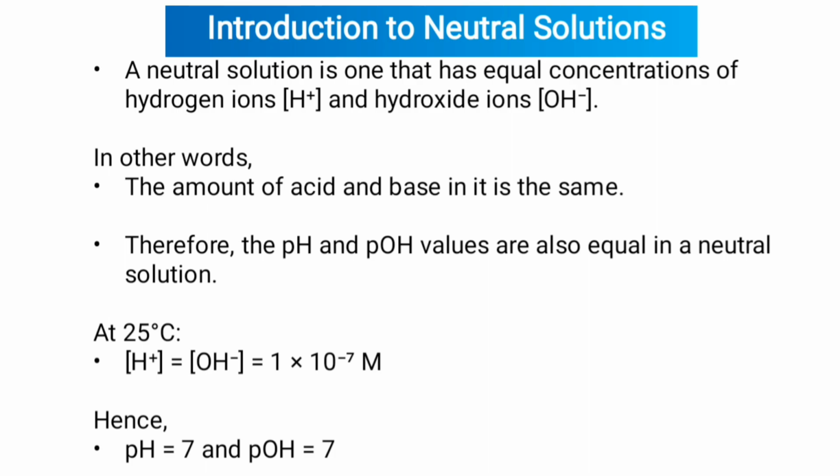Therefore, the pH and pOH values are also equal in a neutral solution. At 25 degrees centigrade, the concentration of H+ is equal to the concentration of OH-, which is equal to 1 multiplied by 10 raised to the power minus 7 M. Hence, pH is equal to 7 and pOH is also equal to 7.